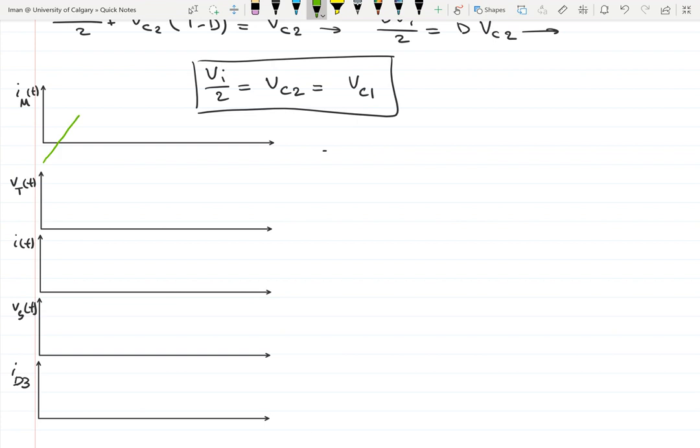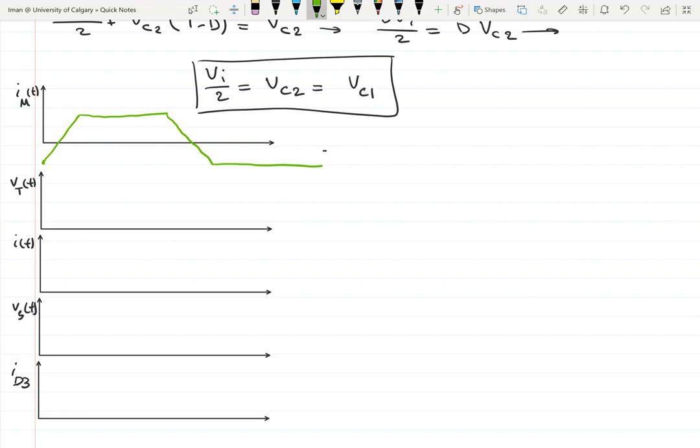in here, when Q1 is on, the current in the magnetizing inductance of the transformer increases, and then when it turns off, it remains constant, and when Q2 turns on, the current drops and then goes back to the same value that IM was before.